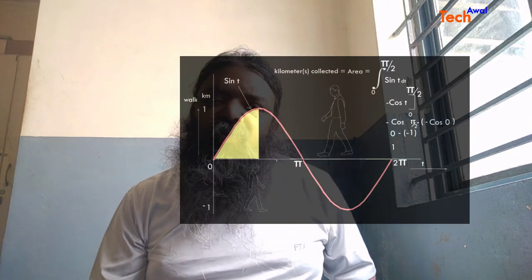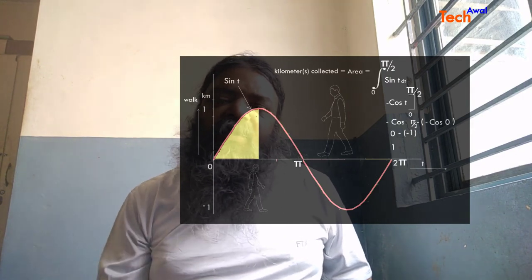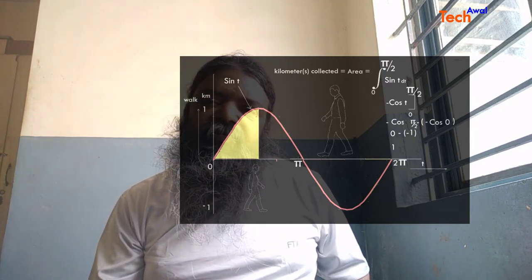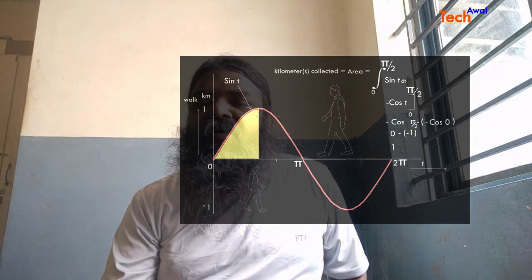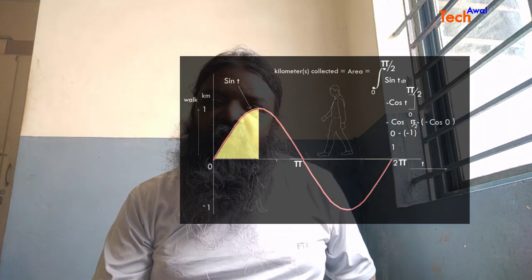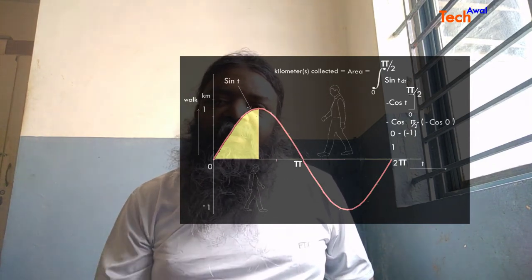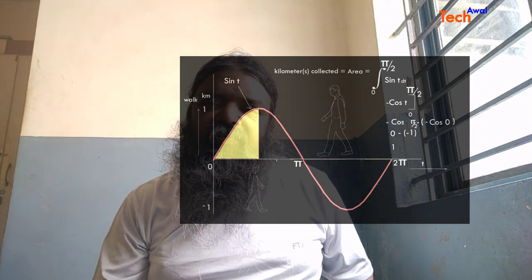Okay. So at pi by 2, at that interval, he collects 1, because sine pi by 2 is 1. Then again he proceeds and sine pi is 0.